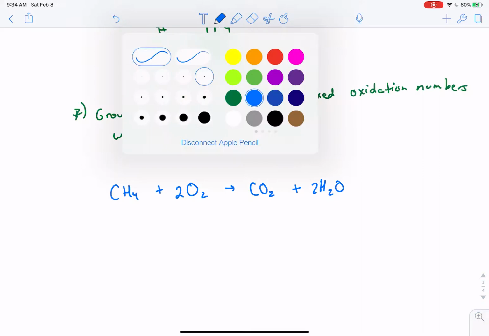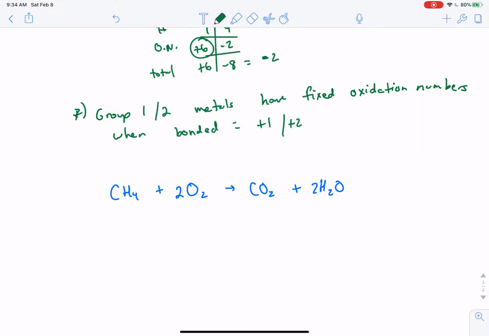So here, H is +1. That's our rule. We didn't give a rule for carbon, so carbon ends up being -4 here. Oxygen as an element is 0. Here oxygen is -2, so this is +4.